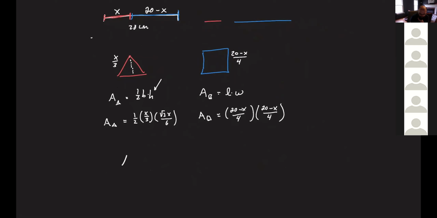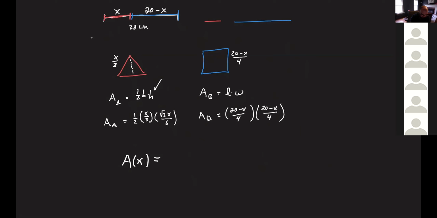So what we want to do is come up with our function, the thing that we want to optimize here. Okay, so what we want to optimize is the total area that's present in our scenario. So the total area is the area of the triangle plus the area of the square.